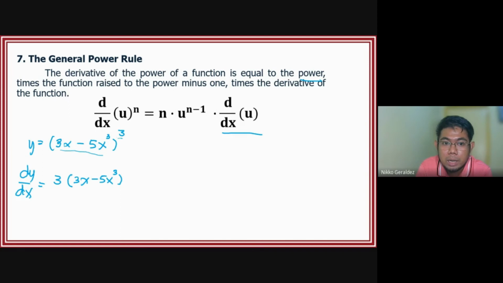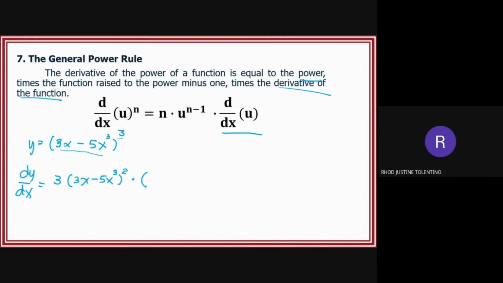So, that is 3 minus 1, equal to 2, times the derivative of the function. Derivative of 3x minus 5x cubed. What is the derivative of 3x minus 5x cubed? 3 minus 15x squared.